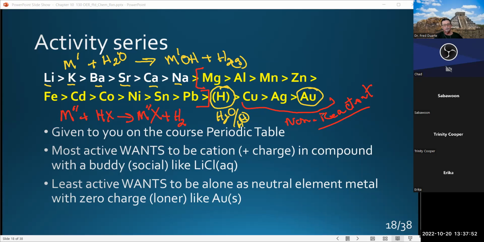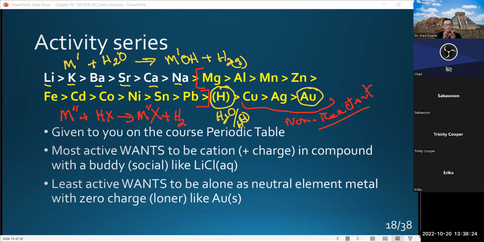Now, remember the question I stated earlier: is the most reactive metal in ionic form? There will be a time where you'll be asking the question, is hydrogen, because it's in reference to hydrogen, and we're dealing with metals. I'm not saying hydrogen is a metal, but the water and hydrogen is a relative scale.